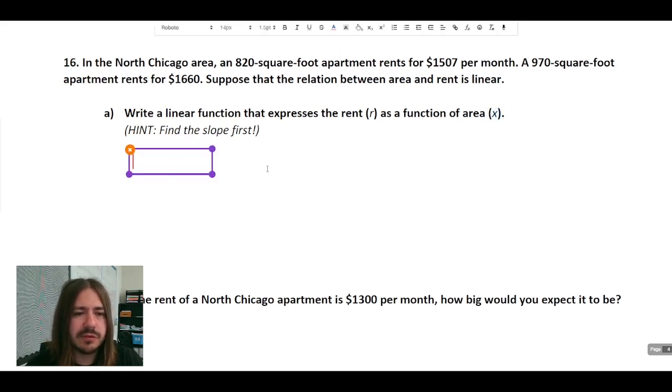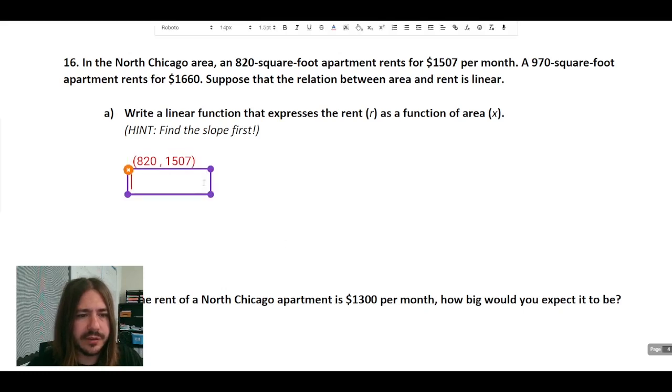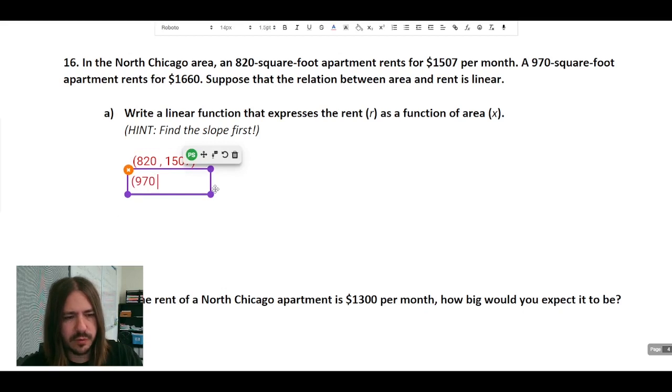But we want to come up with the slope first. So two points here of note are 820 square feet, cost $1,507, and the other data point, I should say, is 970 square feet, cost $1,660.